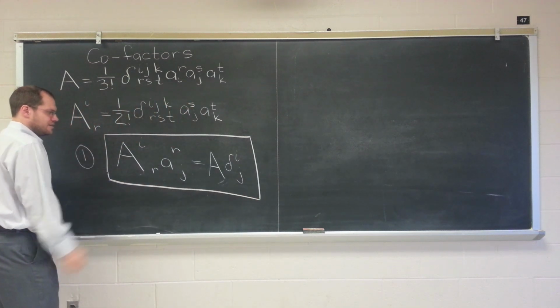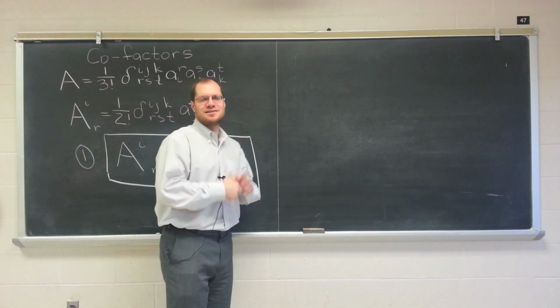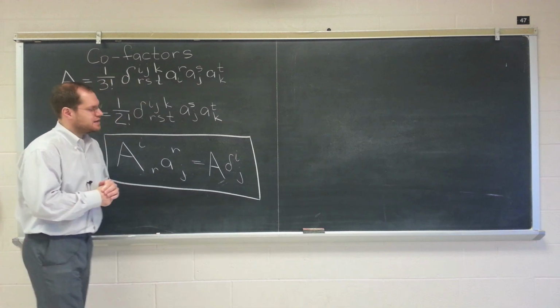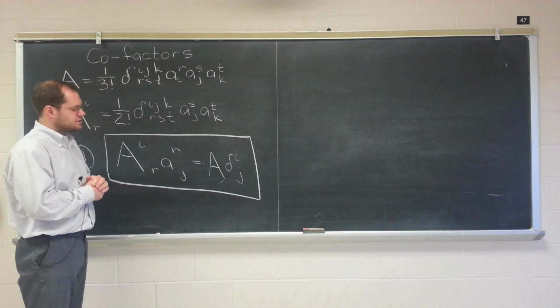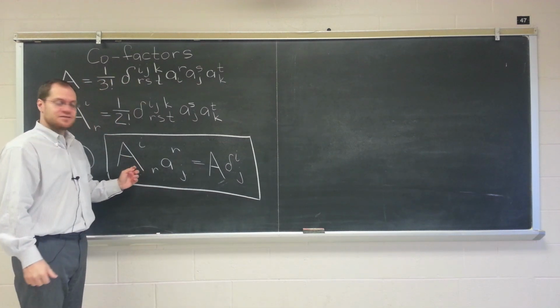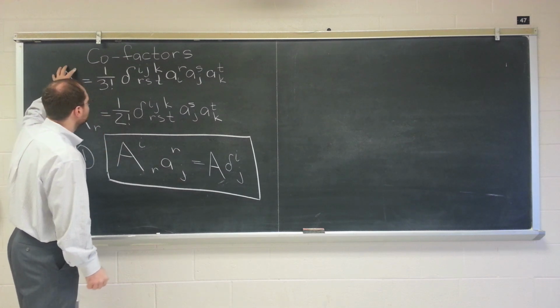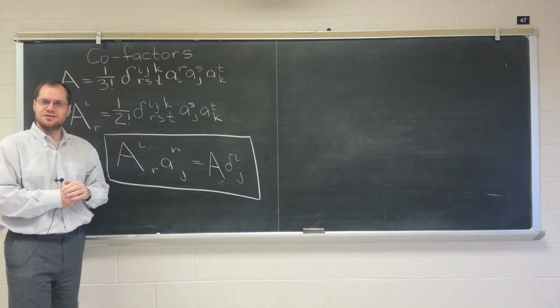And we'll now mention, and maybe even demonstrate, the second important property of the cofactor, which is the fact that it represents the derivative of the determinant with respect to each of its entries.